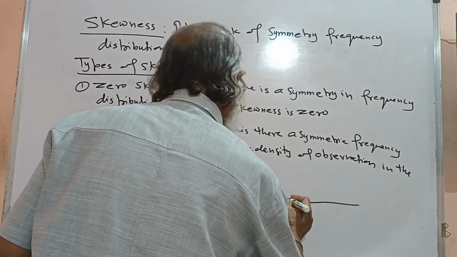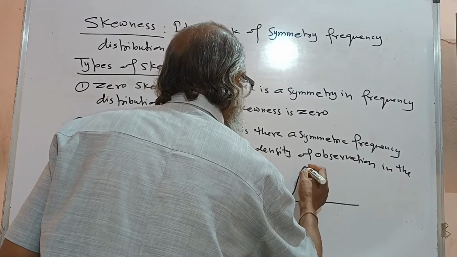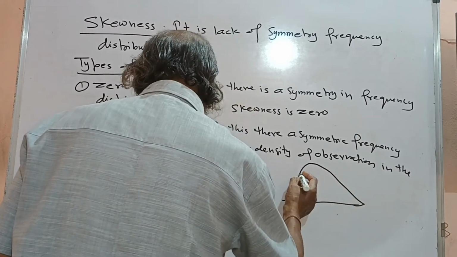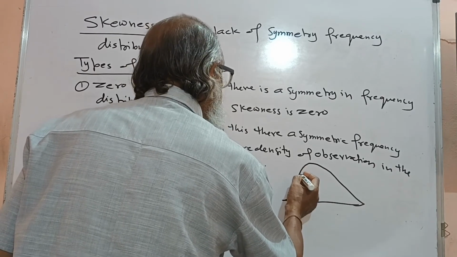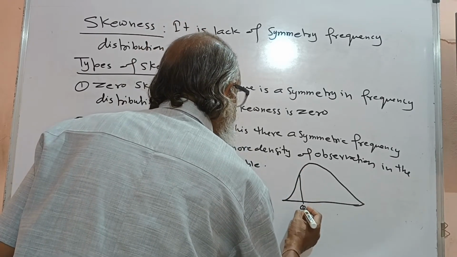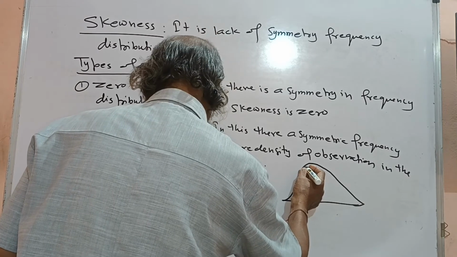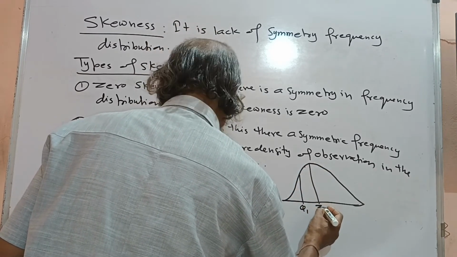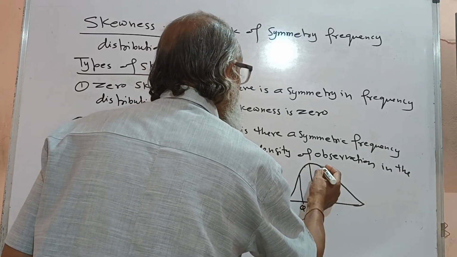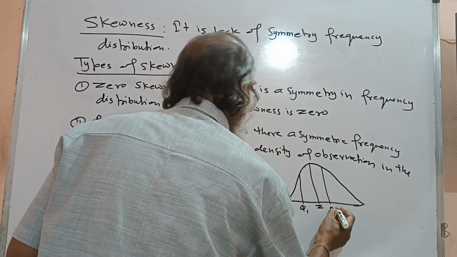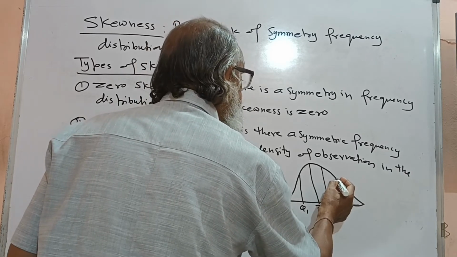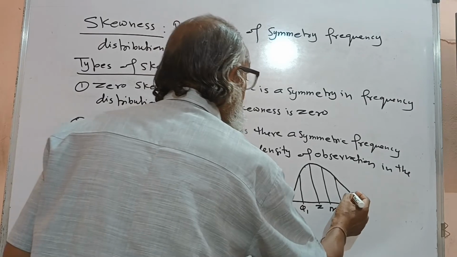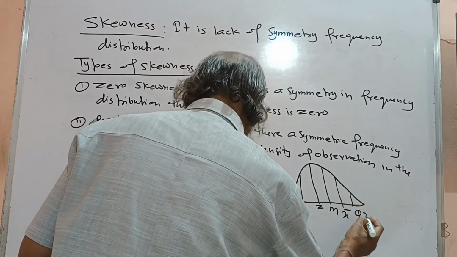So you can see this diagram is something like this, and here if I draw, this is Q1, this is Z, this is M, and this is X bar, this is Q3.